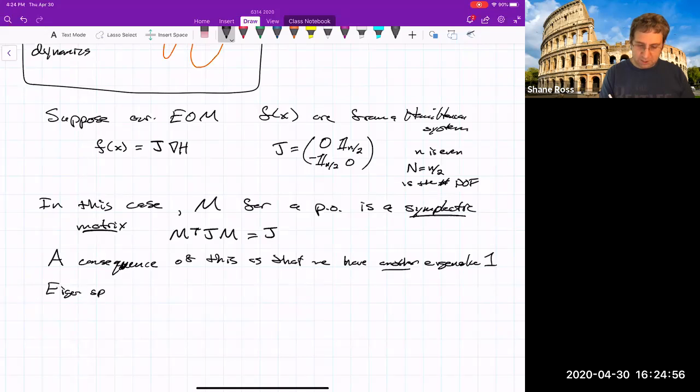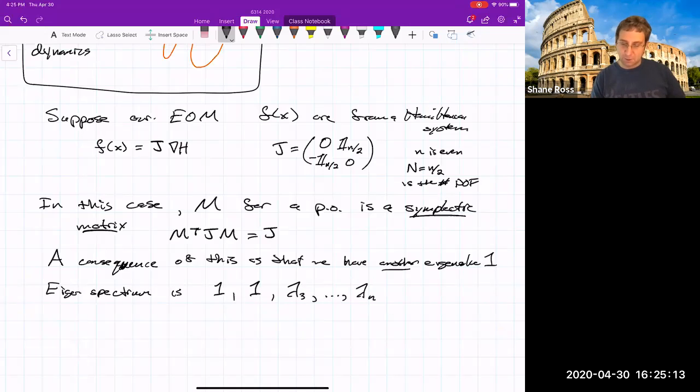So that means the eigenspectrum is, in general, we have little n. So we've got 1, then we've got another 1, then we've got lambda 3 all the way to lambda n. So now stability is determined by just these last n minus 2.